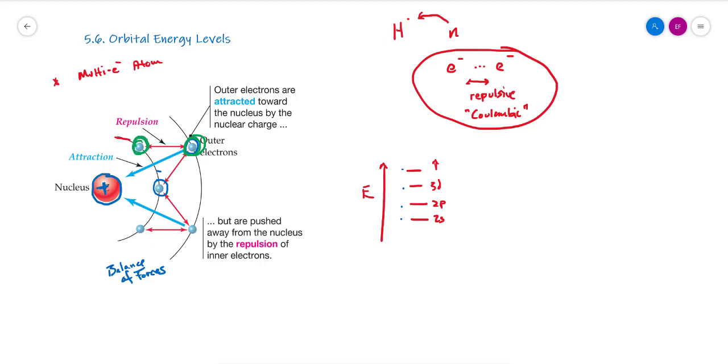So if you think about this point charge in the center of this nucleus, this positive charge, it's got a certain amount of positive charge. If there's a whole layer of negative charges here, all attracting, how do you think that positive nucleus is being felt the further you get away from it, especially if there's a bunch of negative charges that are canceling out some of that positive charge?